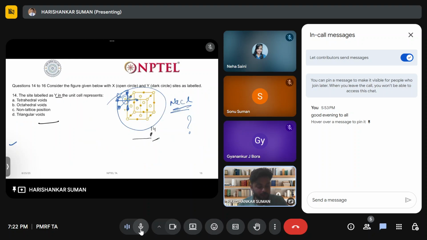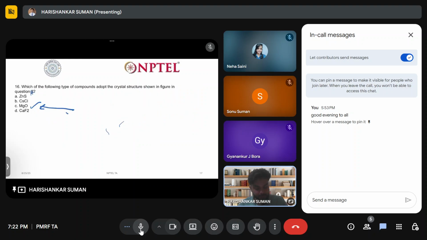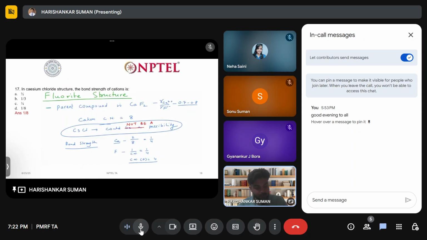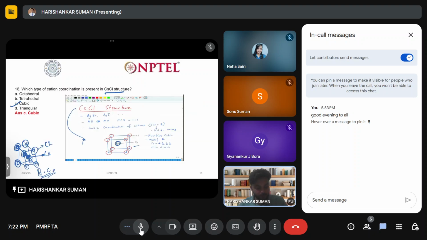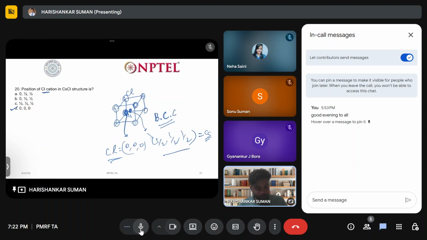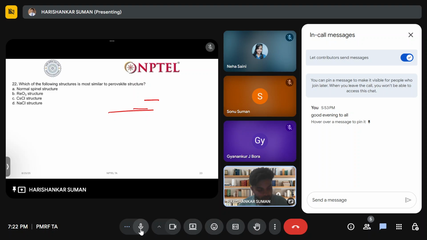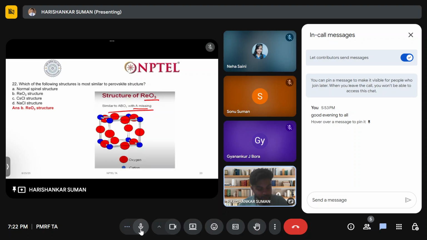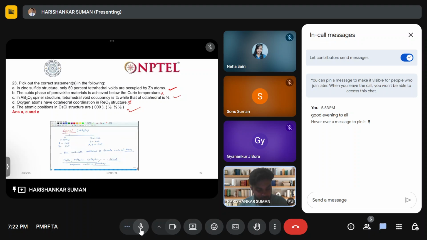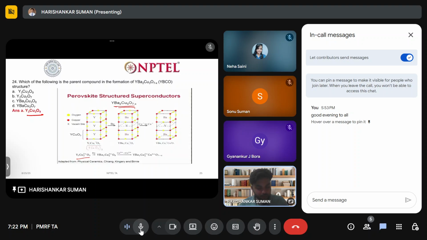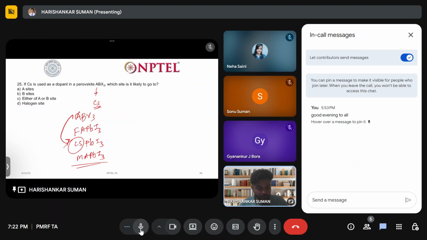Based on this geometry, we have discussed the questions. And CsCl is cubic. We have discussed CsCl, some questions on this, then the structure, then characteristics and compounds, and CsCl is the compound which goes to cubic.